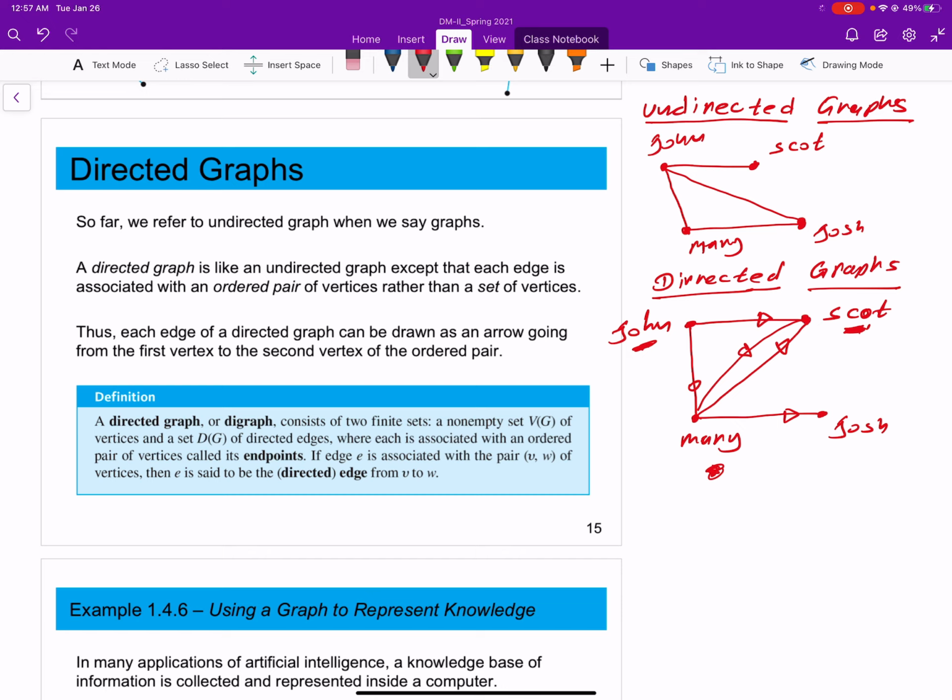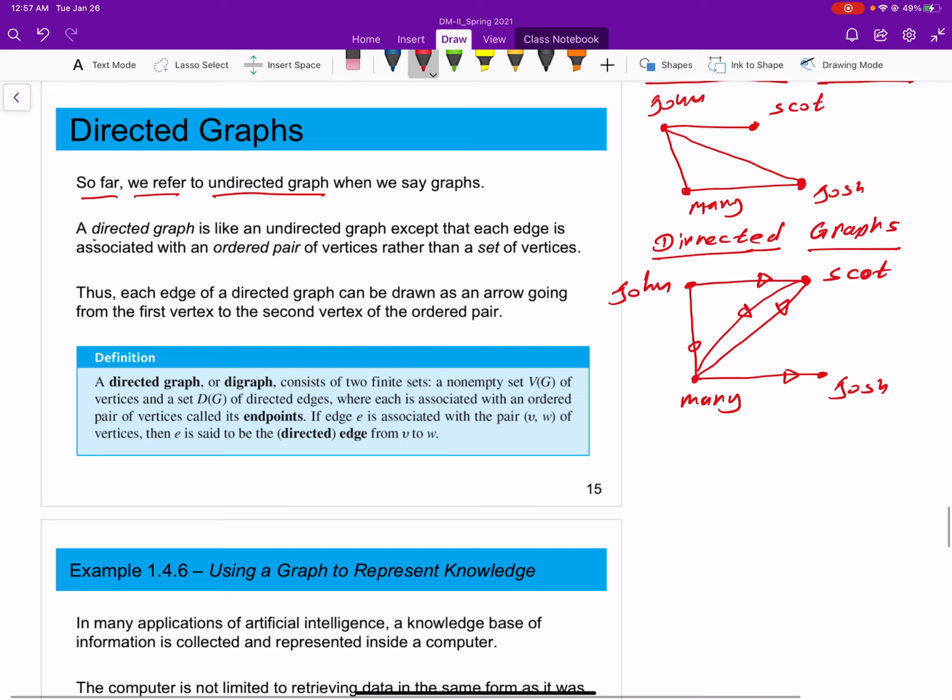So there are directed networks and undirected networks. There are actually two different fields. Science is sometimes very different between directed and undirected graphs. So far we have referred to undirected graphs. Now let's talk about directed graphs.